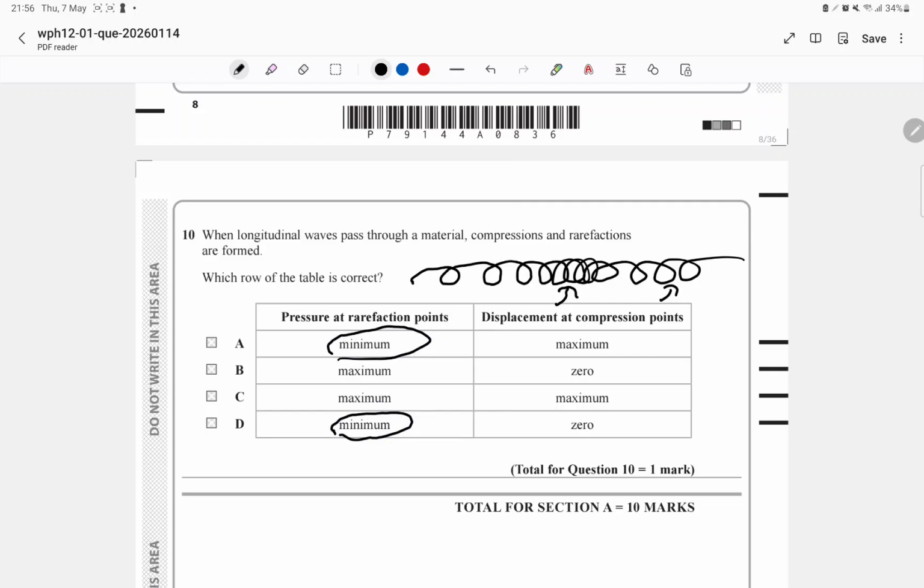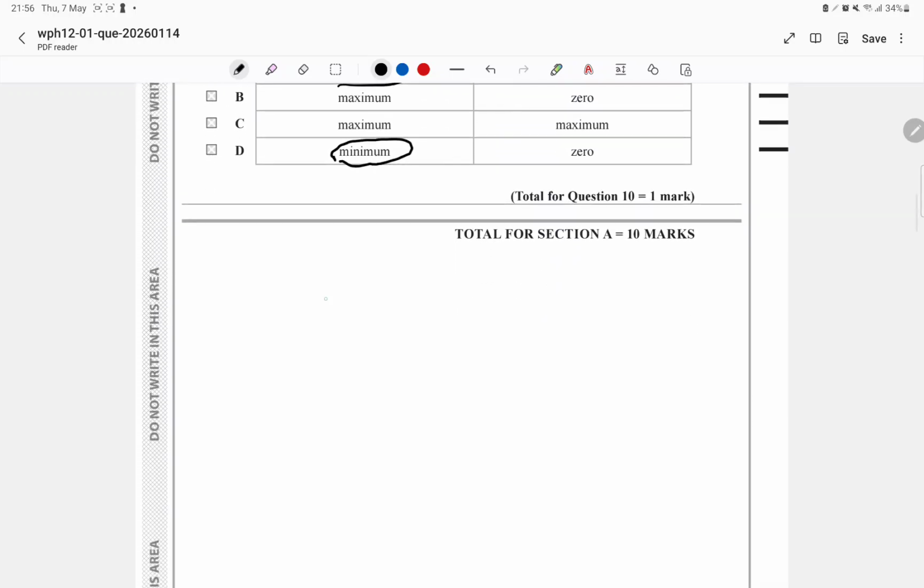As for the displacement, it is always zero at the center. The displacement at a compression and rarefaction, I'm going to draw one here. Let me draw compression for you guys. But it's the same thing for rarefaction. So in a compression, you have a particle here, and then the particle on the left is really close to it, you could see, and the particle on the right is really close to it.